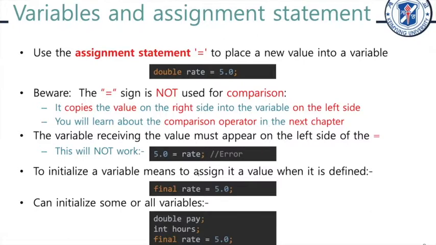And variables always must appear on the left side. If you do otherwise, there will be an error. If you remember, we discussed that an error is a condition that prevents your program from running. So this kind of mistake will prevent your program from running. And you can declare or define a variable without any value or with some value.